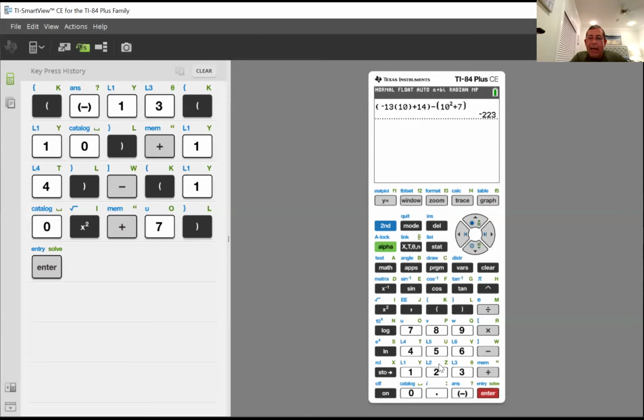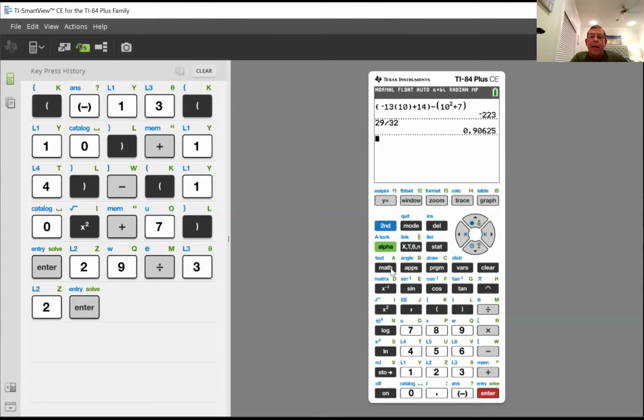So I had 29 divided by 32. Now this will give me a decimal, but I'm going to tell the calculator to turn the decimal back into a fraction by hitting math and enter twice. So y'all kept it at 29 over 32. That means that that fraction does not reduce.